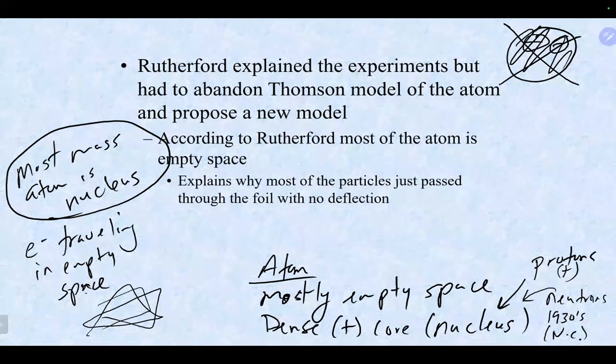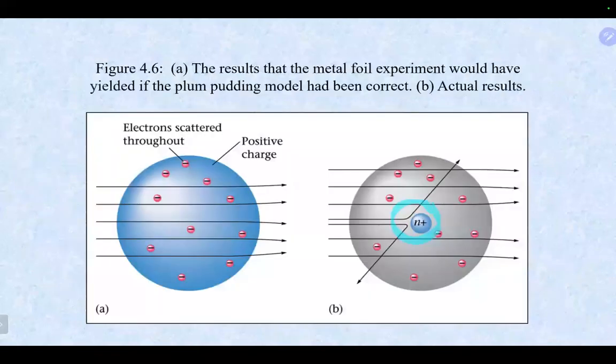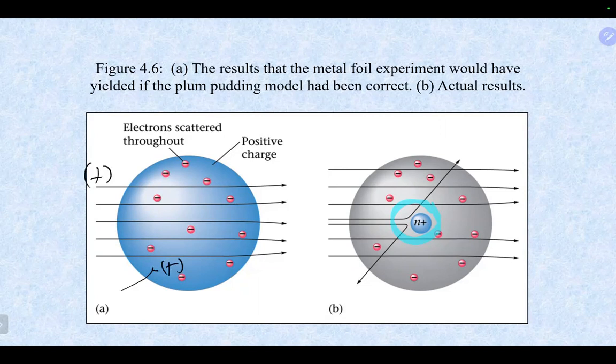So once again, what they thought would happen is pretty much in this picture here. All this blue is basically positive charge, right? And then they were shooting these positively charged alpha particles at it. What they expected was, because the alpha particles are moving really fast and are relatively heavy-ish, and all the positive charge was spread out, diffused over the entire sphere, that they would be able to pop through, but there would be some deflection as they went through.